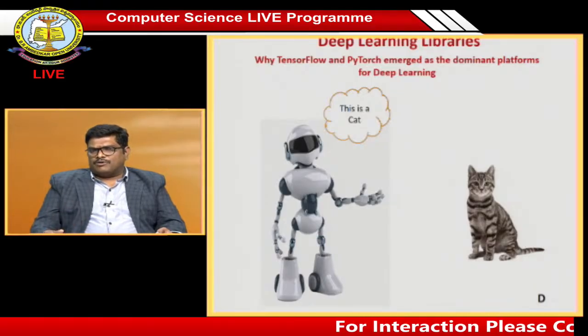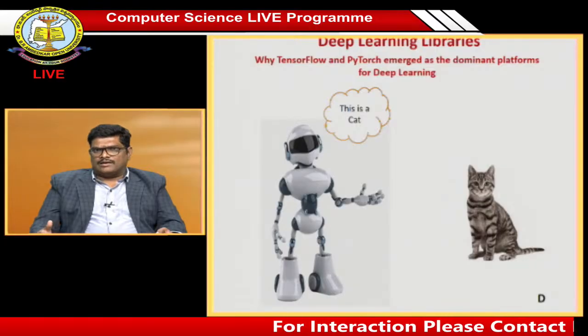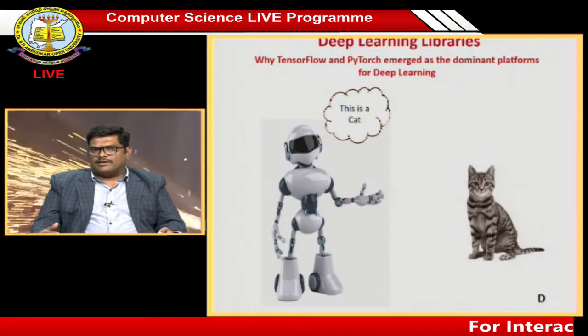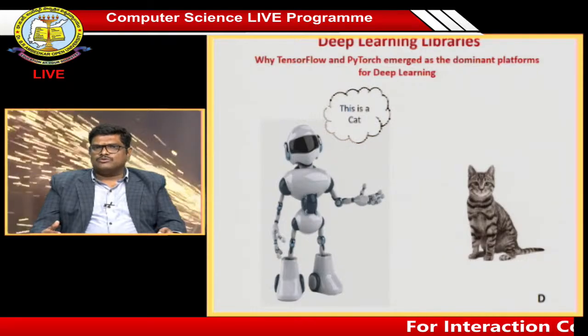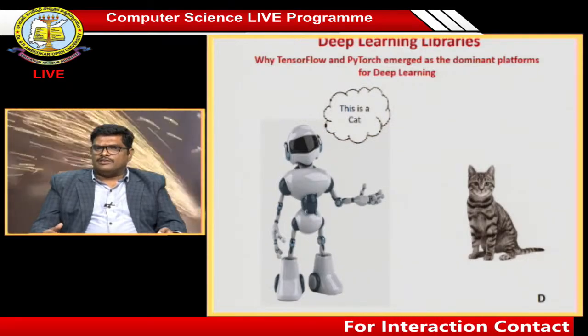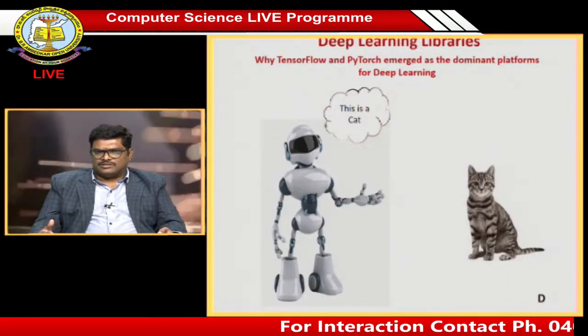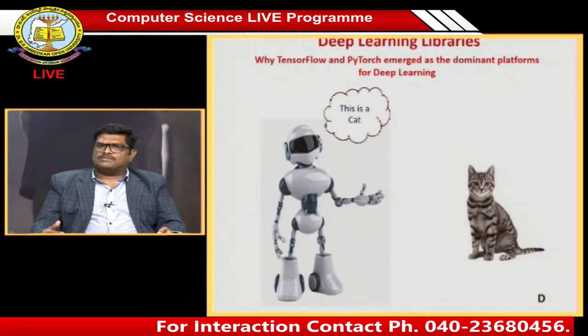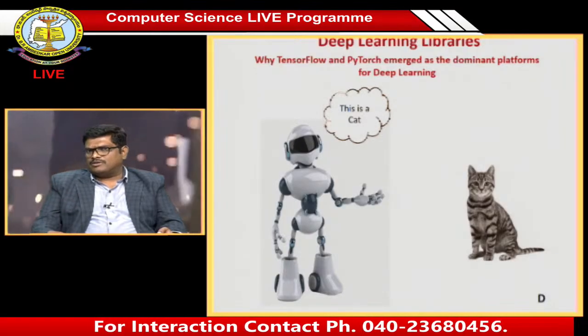TensorFlow is a product of Google, and PyTorch is a product of Meta. Basically these two are competitors, and they are trying to build some user friendly infrastructure or interface where people can try multiple models and build their fine tuned models.